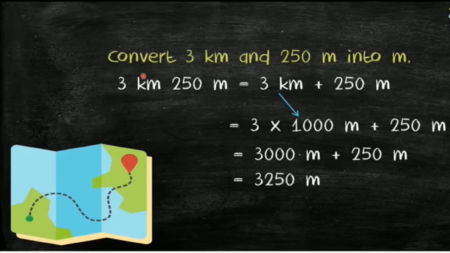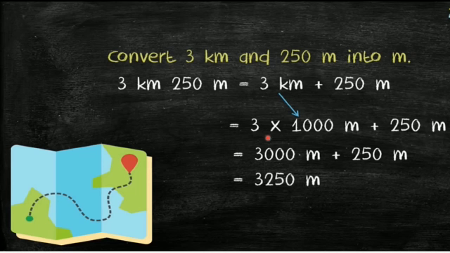Now let's see one more example of it. Convert 3 kilometer and 250 meter into meter. 3 kilometer and 250 meter. We are going to write it as a sum. 3 kilometer plus 250 meter. Now first we have to convert this kilometer into meter. As we all know the formula, that means 1 kilometer is equal to 1000 meter.